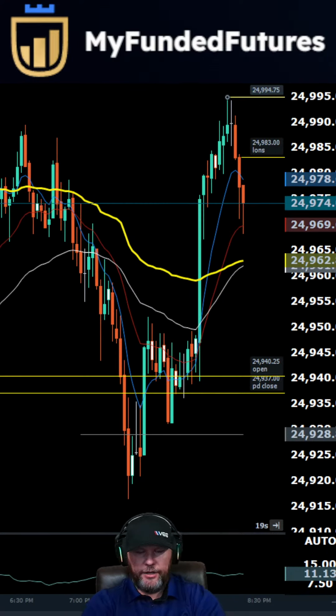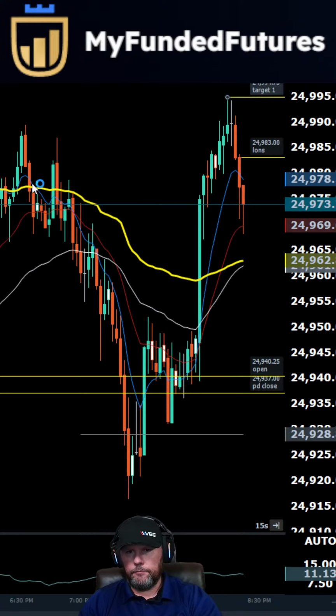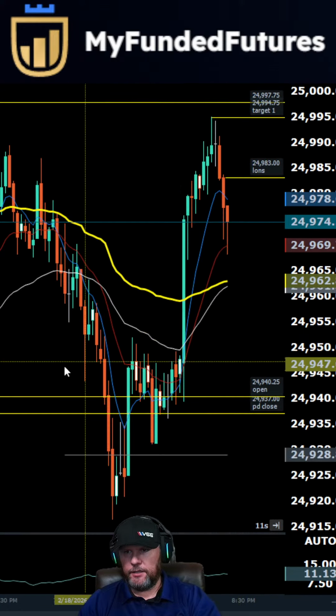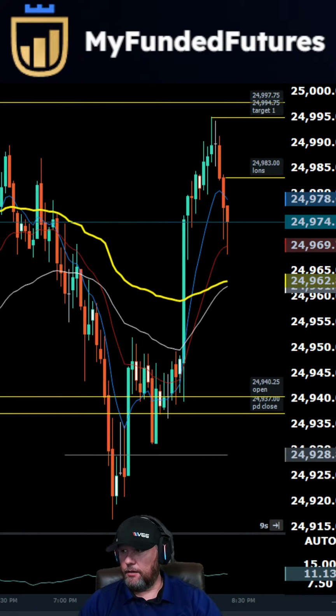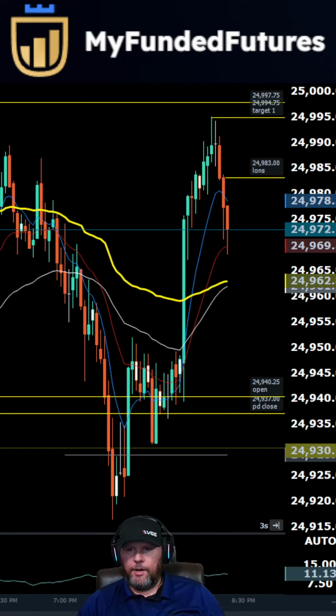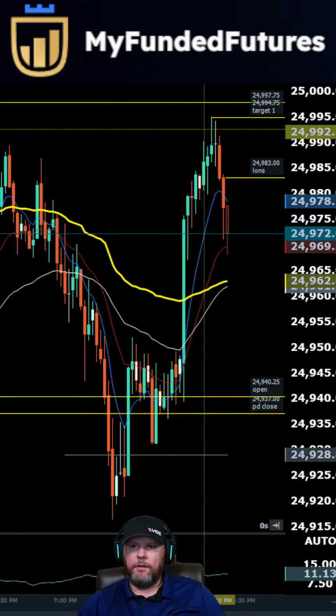It's not very good risk to reward. So from a theoretical perspective, that could be a setup that you could take. I'm overall bearish on the higher time frame still, so I don't necessarily love this setup.